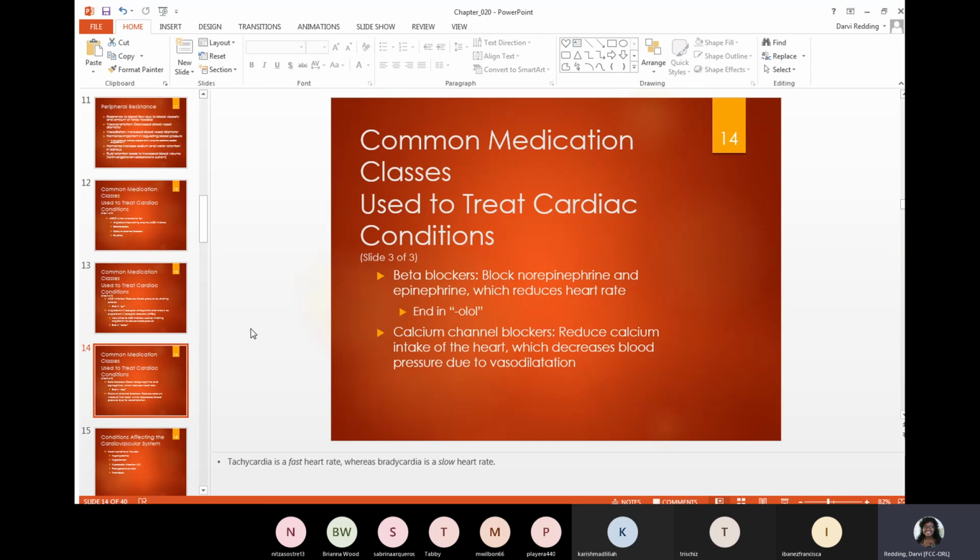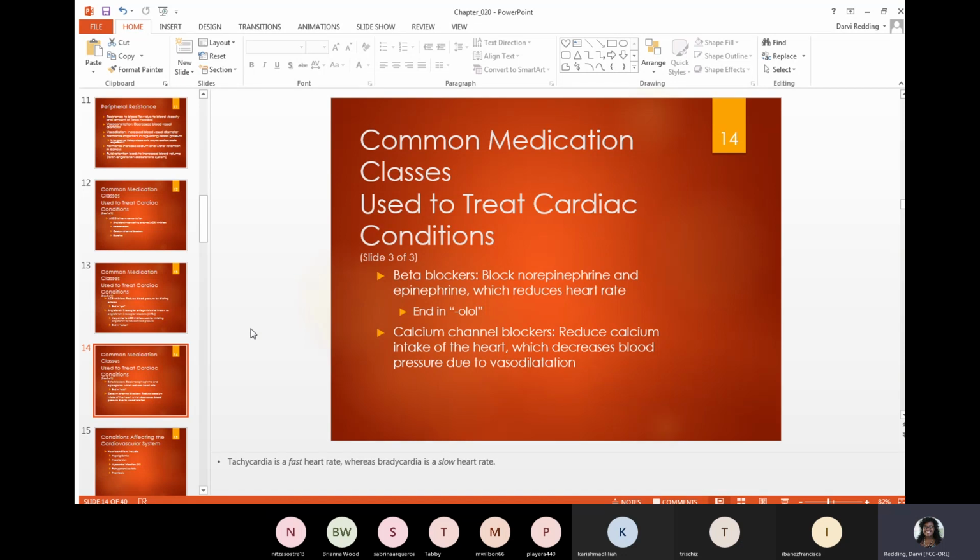An example of an olol medication would be atenolol, propranolol, Inderal, carvedilol, all of the olols. So you can think of laugh out loud. If you laugh out loud, that's going to increase your heart rate. However, we want to decrease the heart rate if the person has high blood pressure. That's one way I remember the olol. So those are beta blockers.